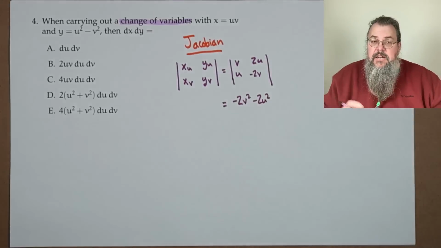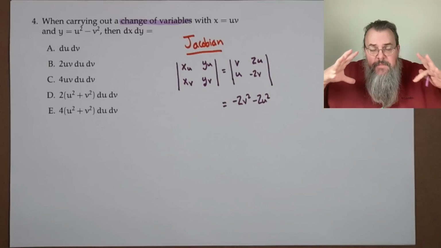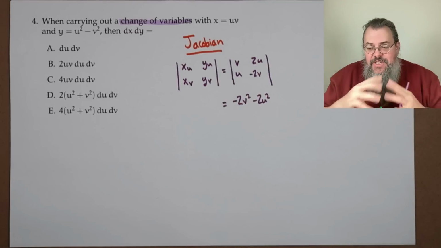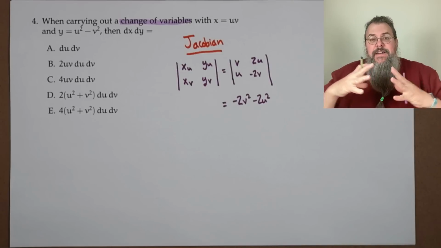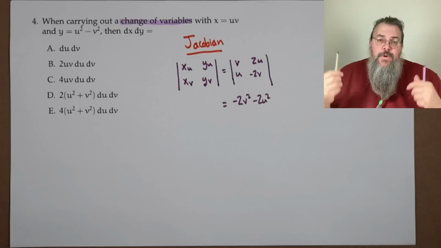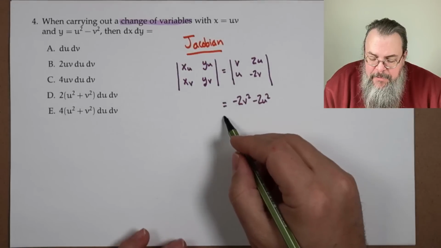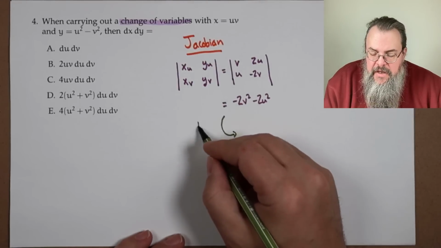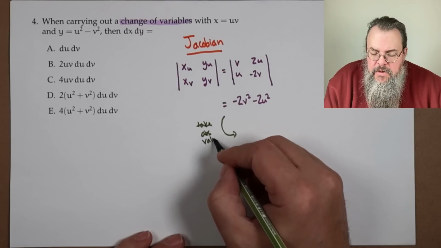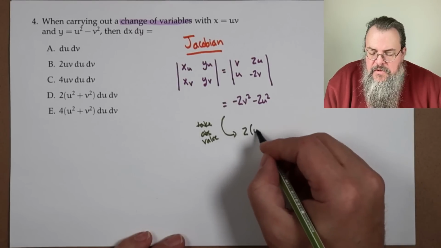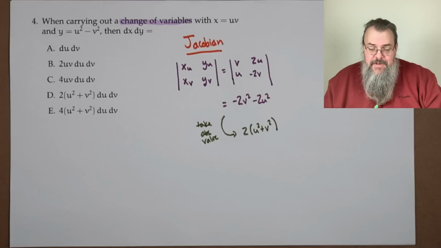All right, so we've taken our determinant, and now the other thing is this: we want to measure expansion contraction. We want to talk about it as a quantity. It's a measurement quantity. We want a non-negative number. So we take the absolute value, and what do we get? Well, we get 2 times u squared plus v squared. Now, how do we interpret this?